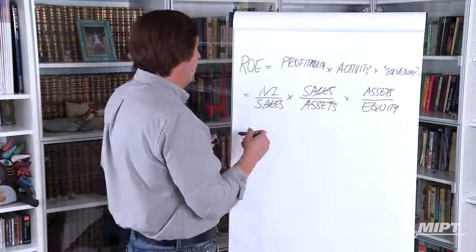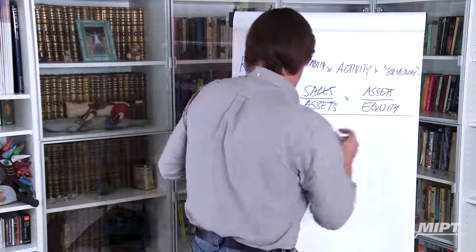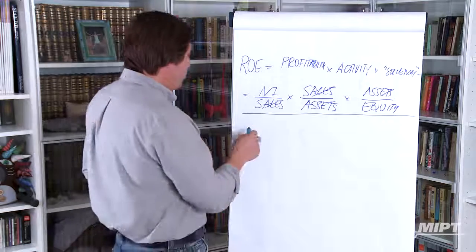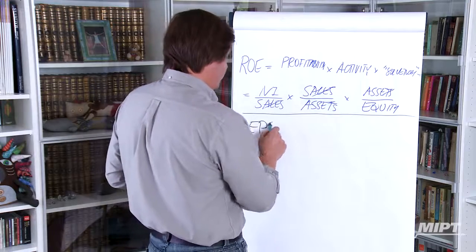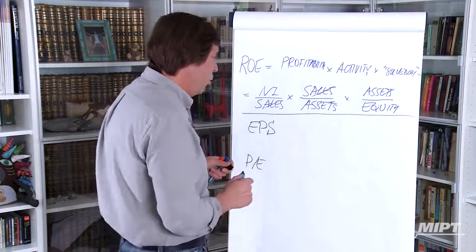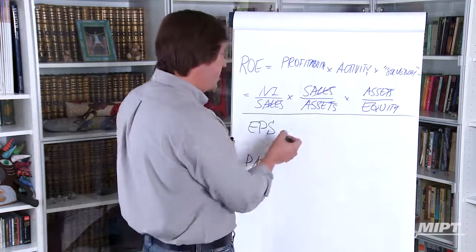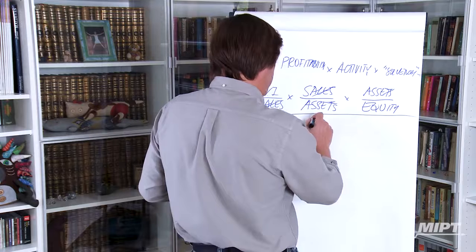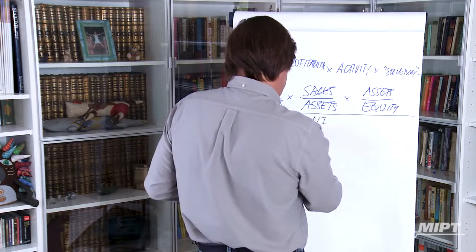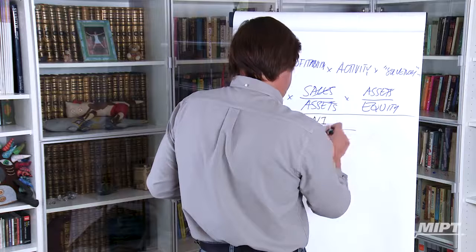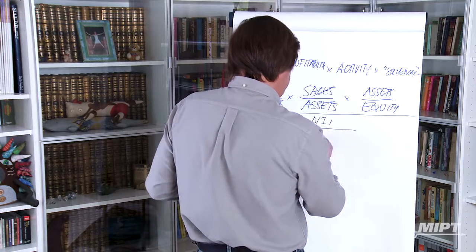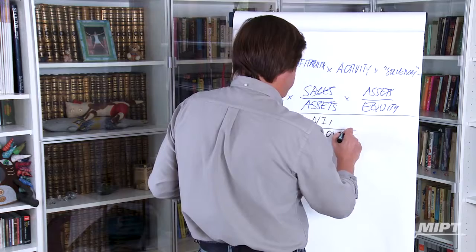Now, for the final set of ratios here, I will produce two: earnings per share and then the PE ratio. The important thing is that earnings per share is again the ratio of net income for common shares divided by common shares outstanding.